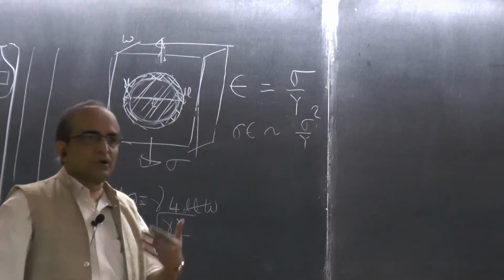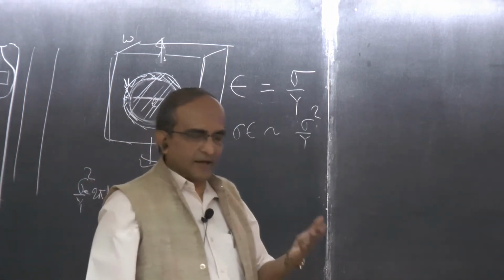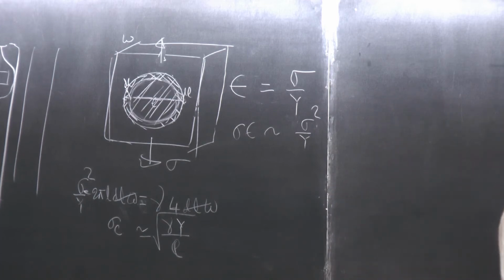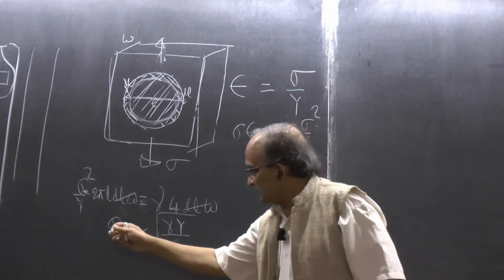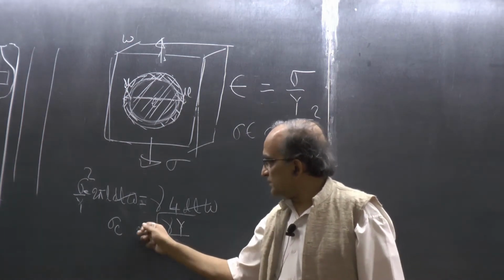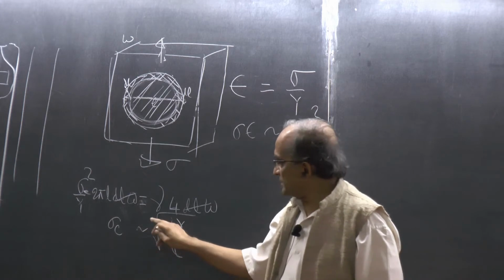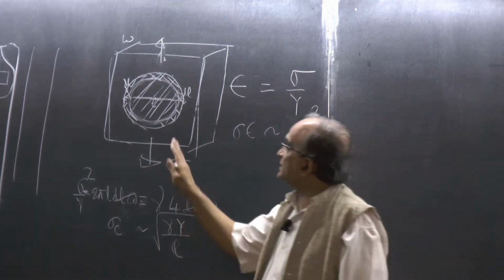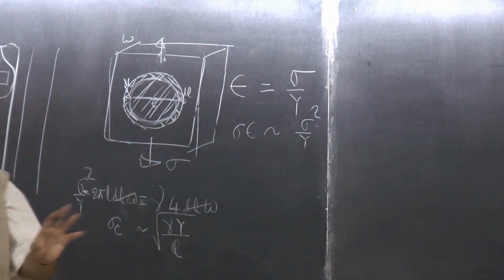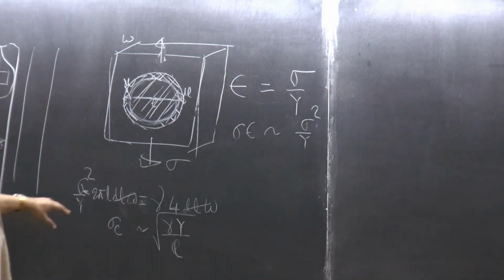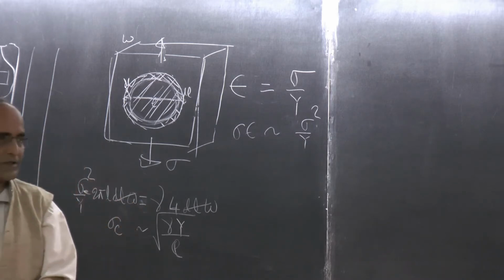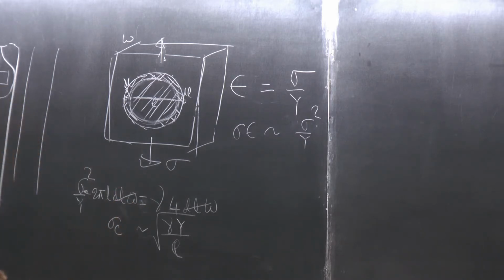L is the length of the crack that existed earlier, and if that has to propagate further, the stress on the sample must be this much. There are some prefactors, which depend on the precise geometry of the stress release region, which I assumed to be circular here. If it is different, you have different numbers.